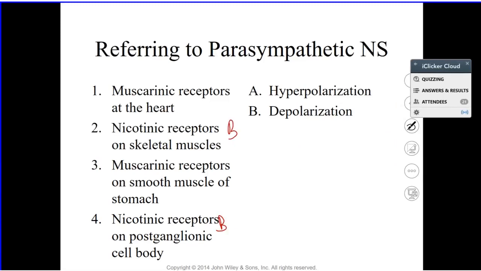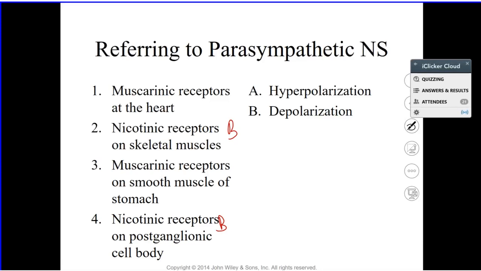Now the muscarinic effectors, they can be depolarizing or hyperpolarizing depending on which organ they're on. So this is parasympathetic. Is parasympathetic going to excite the heart or slow it down? Rest and digest. The resting part means our heart rate should not speed up.